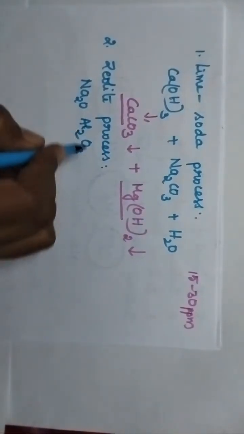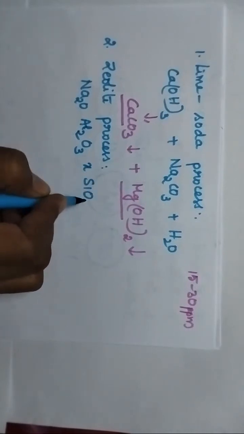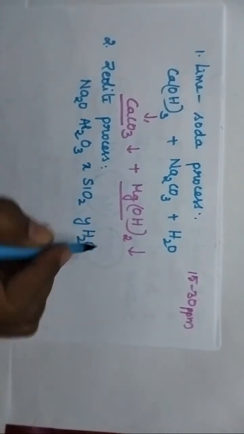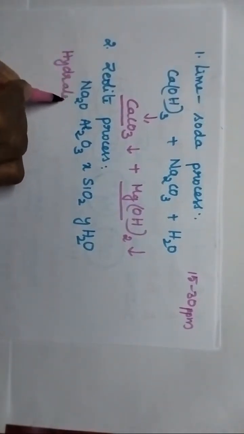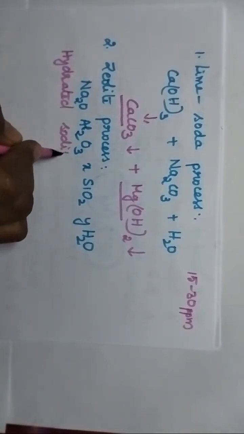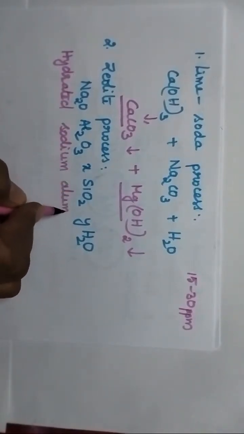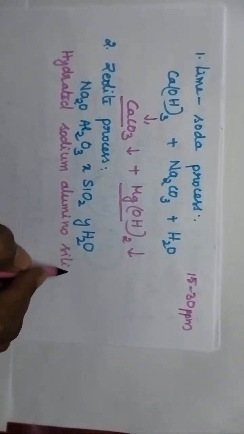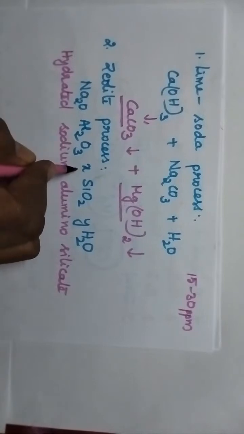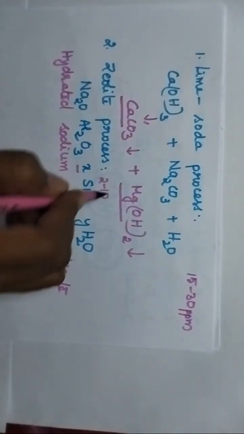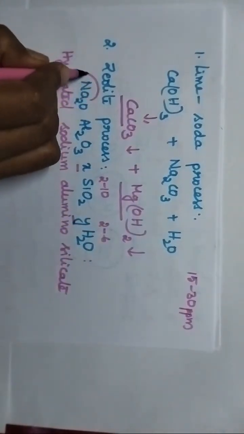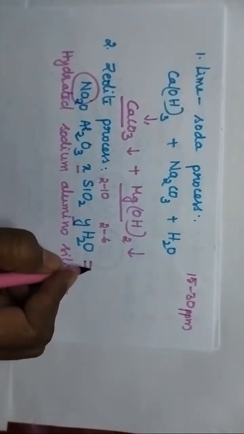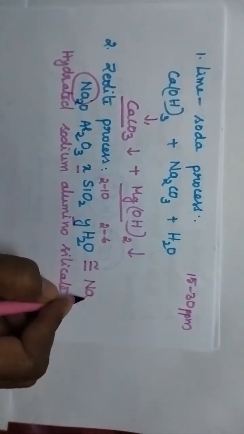Zeolite is hydrated sodium aluminosilicate. It is a porous material. Here the value of X varies from 2 to 10, whereas the value of Y varies from 2 to 6. Actually here the sodium ions are highly active and simply it can be represented as sodium zeolite.